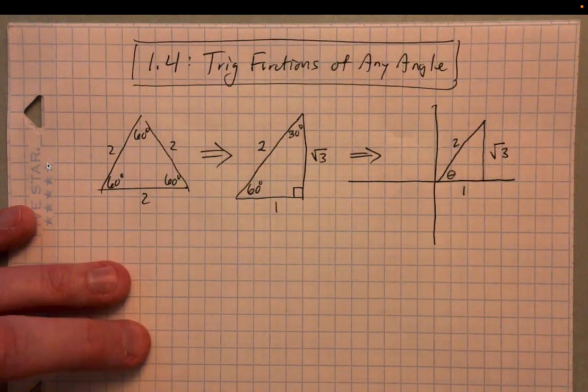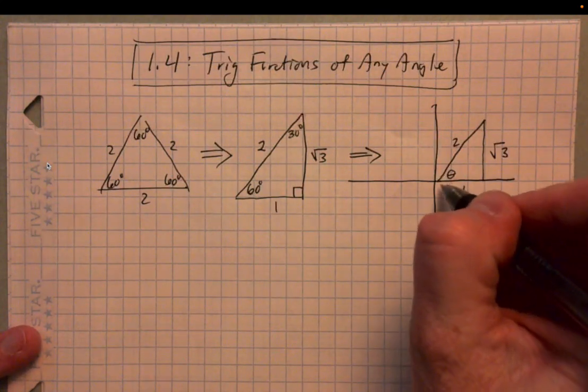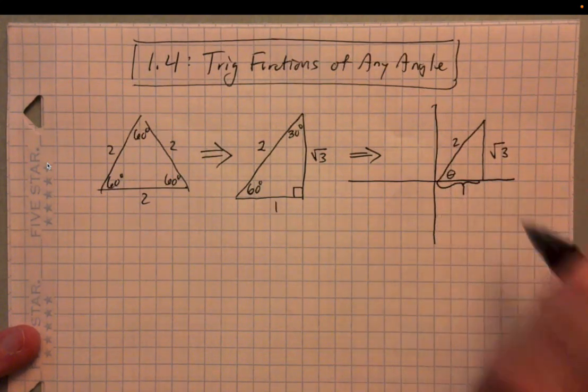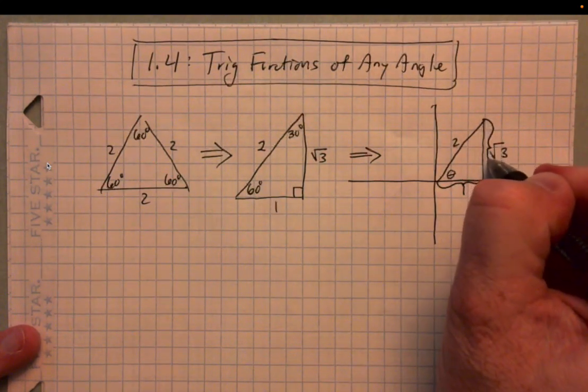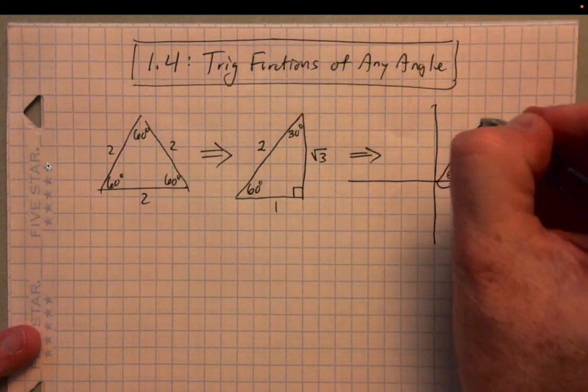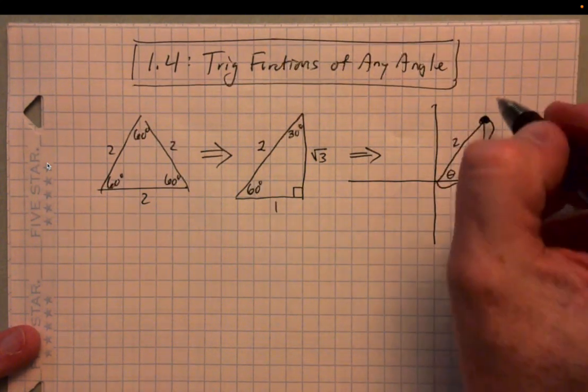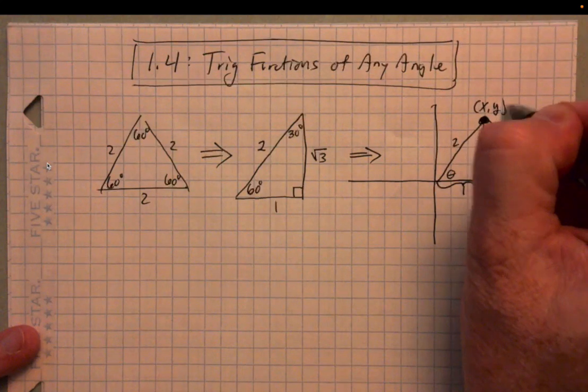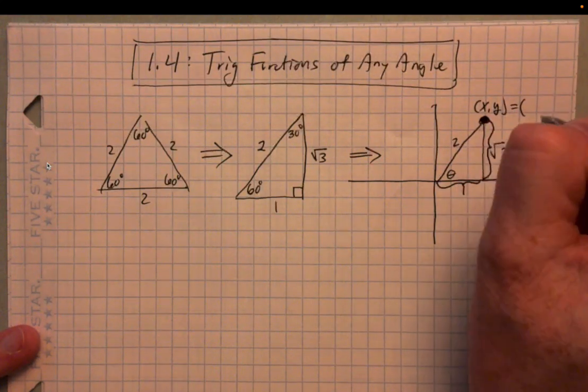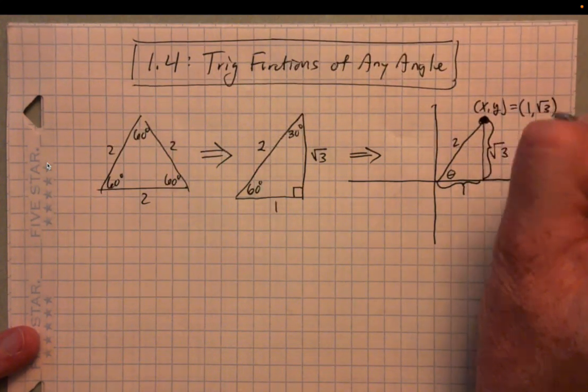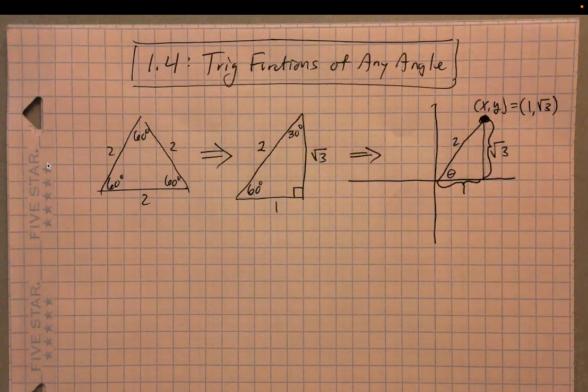When it's in the coordinate system like this, this is the length 1 and this is the length square root of 3. So this point up here you can think of as (x, y) equal to (1, square root of 3). We can imagine this triangle situated in the rectangular coordinate system like this with the 60-degree angle located at the origin.